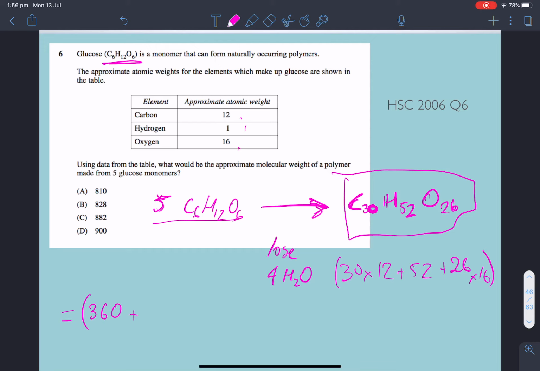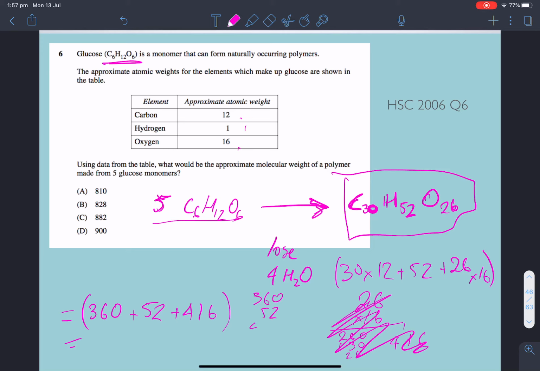And 52 times 1 is 52. Now 26 times 16. 260 is 10 times it, plus another 5 times, which is 130, and then another 1 times 16, so that's 416. Okay, let's add these together.